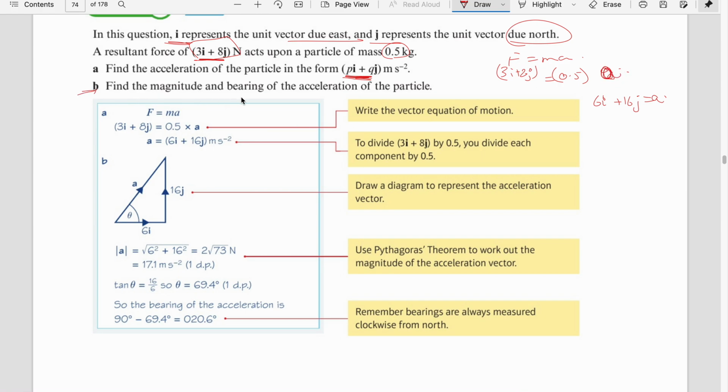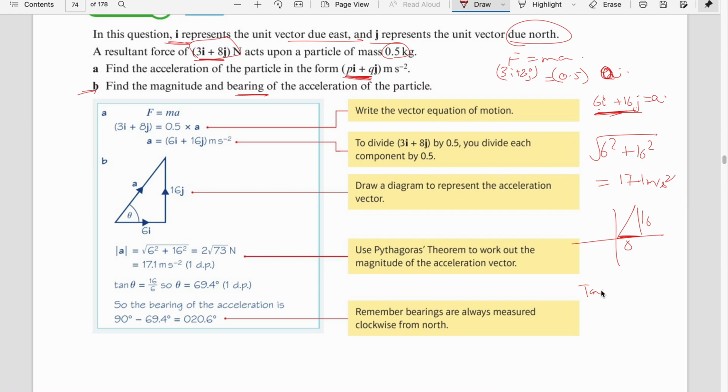Second part says find the magnitude and bearing of acceleration. So straight away apply Pythagoras theorem. 6 squared plus 16 squared, whole square root. We get 17.1 meters per second squared. And for the bearing, we draw our plane, and this is positive, this is again positive, 6 in x and 16 in y.